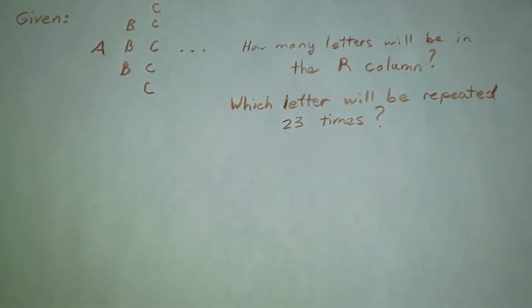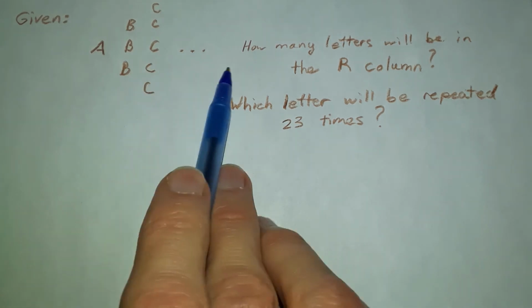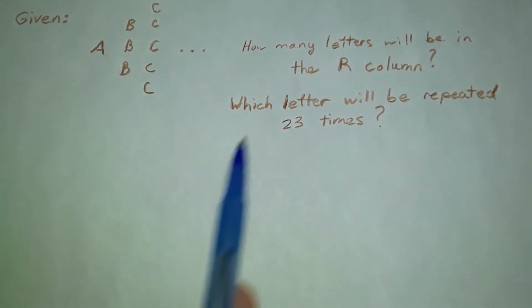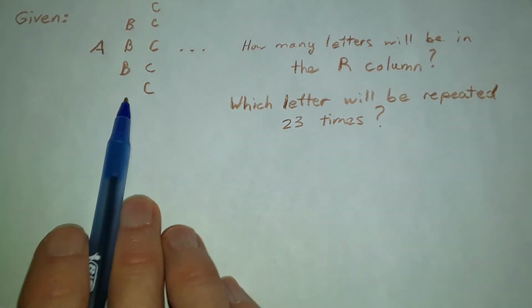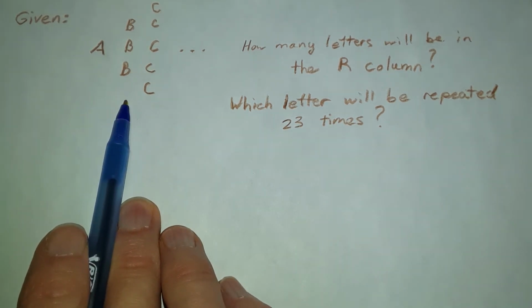So this is not the triangle pattern. If you were familiar with that you might be going right for that as your first guess, but that's not what we have here. What we have is one off, as I said, so this is a pattern that continues on, and we have a couple questions we are going to try to answer based on this pattern.